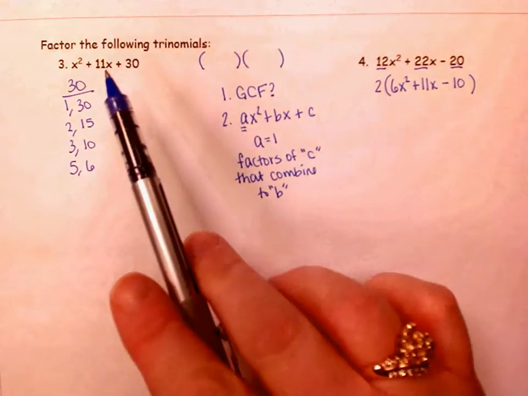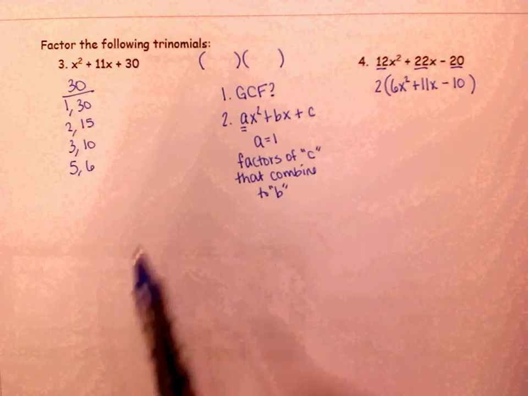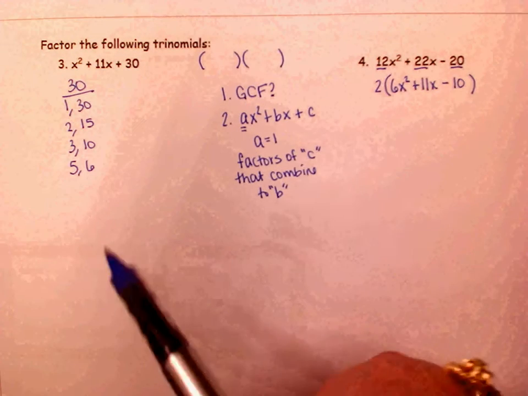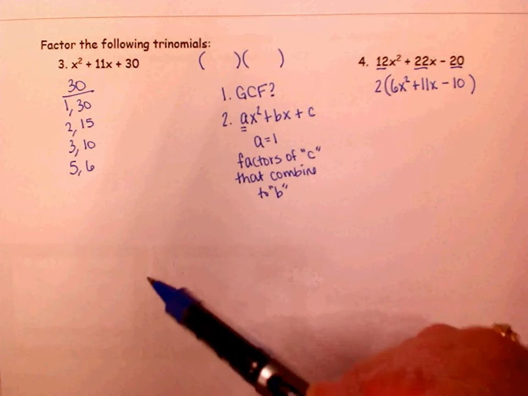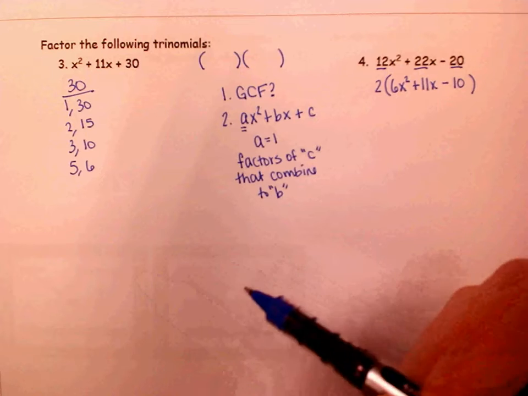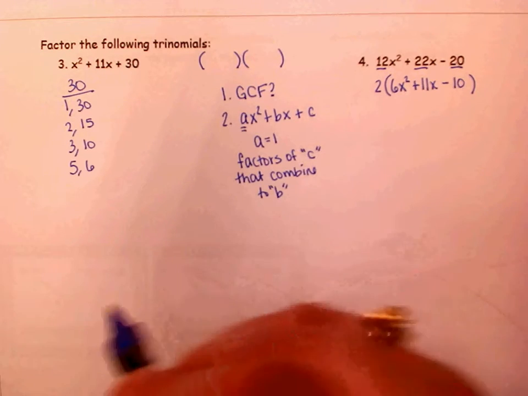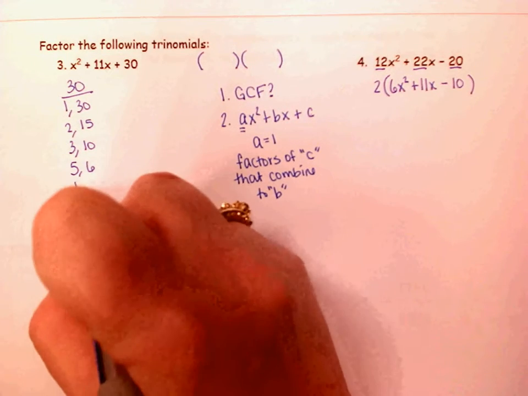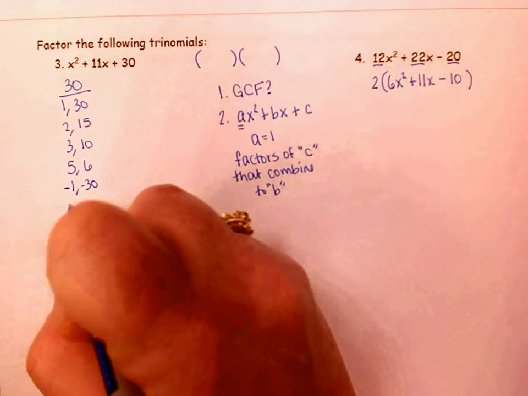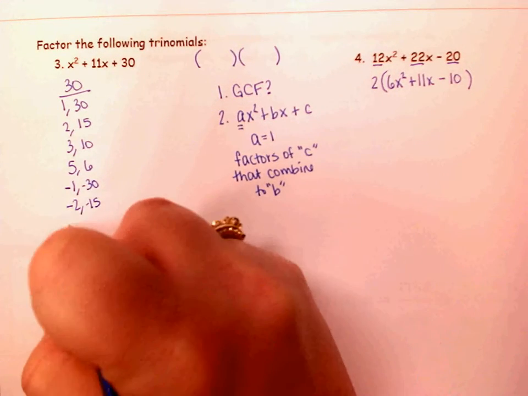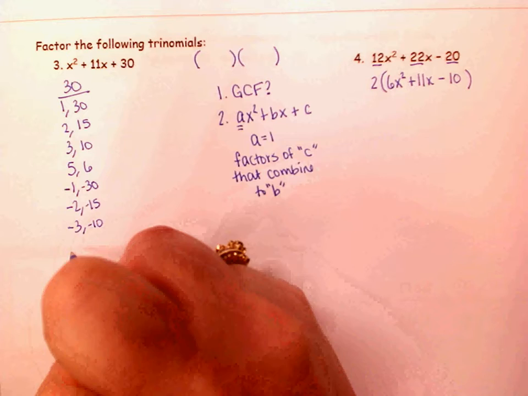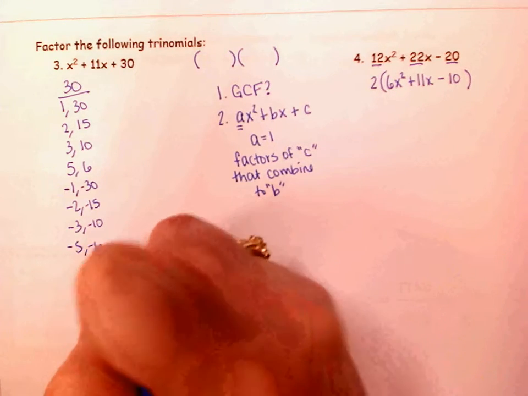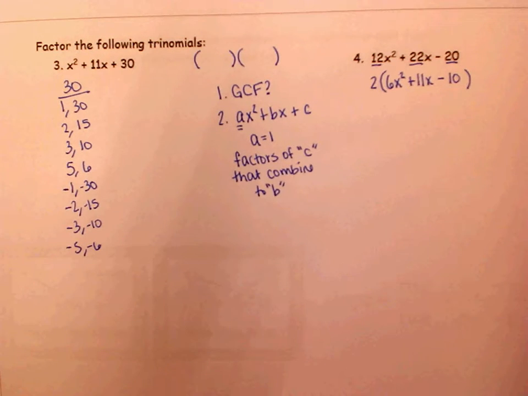Now, don't forget, since this is a positive 30, we also could have 2 negatives as our factors, because a negative times a negative is also a positive. So we would also have to consider negative 1 and negative 30, negative 2 and negative 15, negative 3 and negative 10, and negative 5 and negative 6 as factor pairs as well.